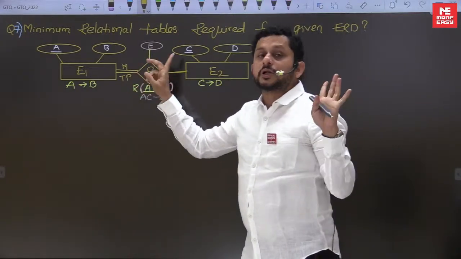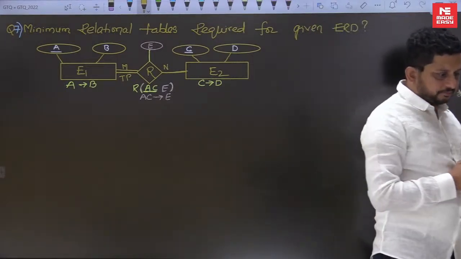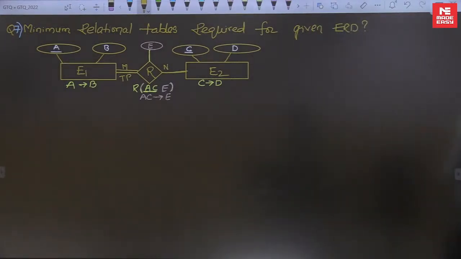If one of the sides has total participation, then how many relational tables are required?